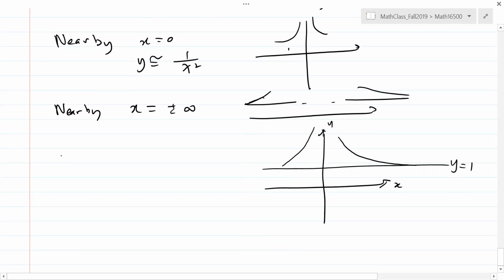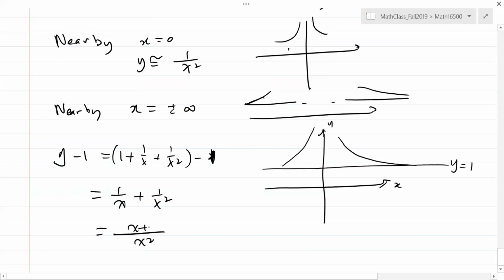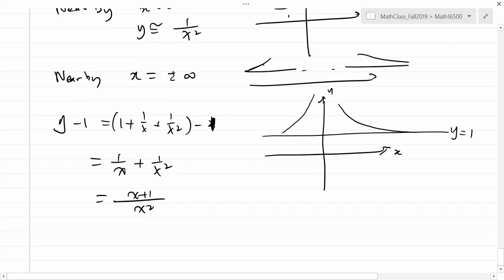So let's look at the function y minus 1. It's going to be 1 plus 1 over x plus 1 over x squared, minus 1. So I get 1 over x plus 1 over x squared, which is (x plus 1) over x squared. This can clearly be negative or positive. It will be negative if x is less than -1, positive if x is greater than -1.